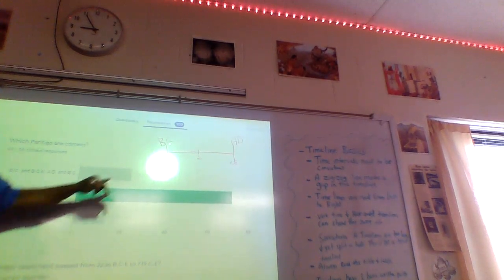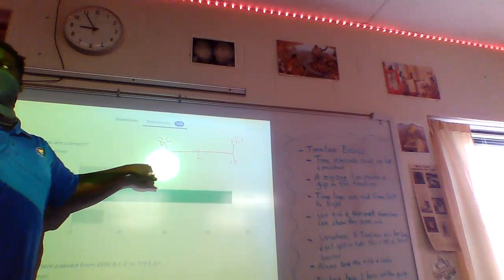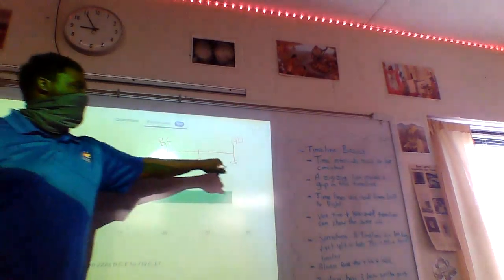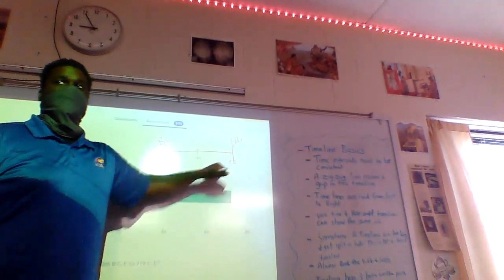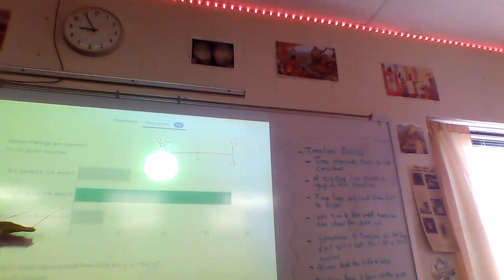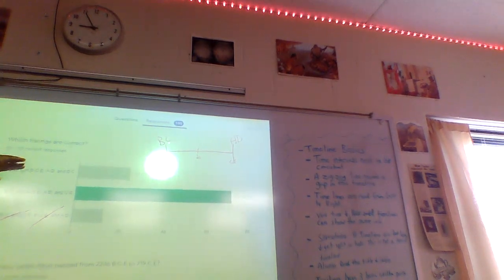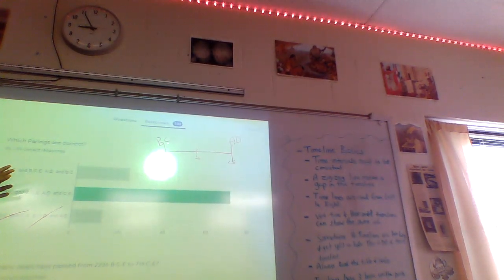BCE and AD, are they synonyms? Yes or no? No. And are they ever going to be on the same timeline together? No. Okay. So this one would not be correct. This one should have been the correct answer, but if you pick this one, there's a good argument that that's a correct answer too. Okay.